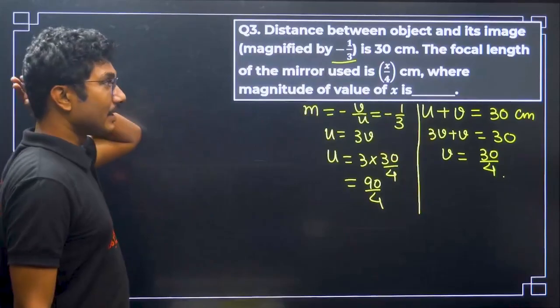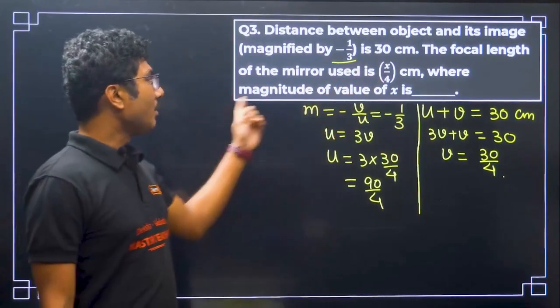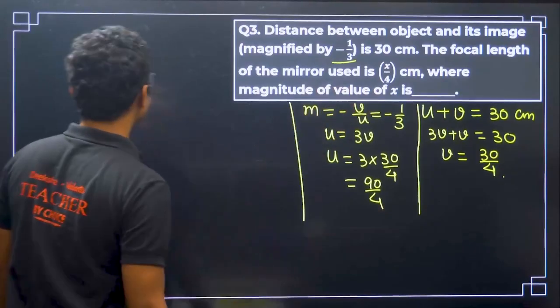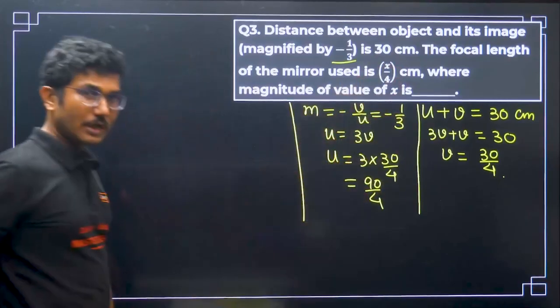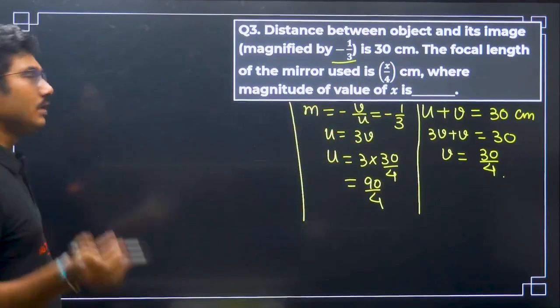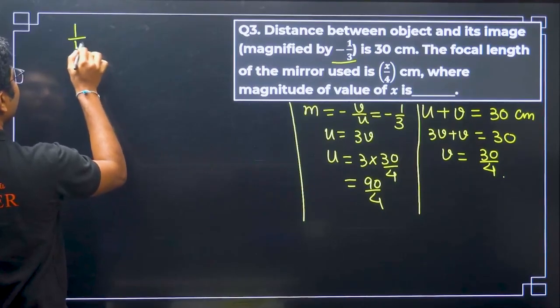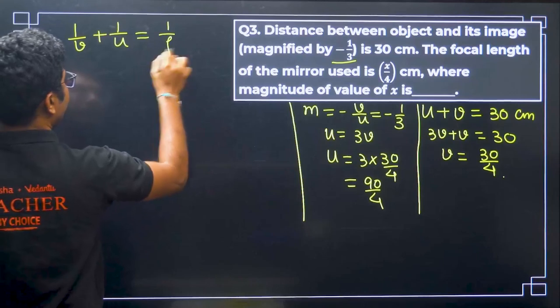Now it is said that the focal length of the mirror used is x by 4 centimeter, where we have to find the magnitude of x. Remember that x is given like x by 4, so there will be a factor of 4 that you have to ignore. Let's see, what is the equation? 1 by v plus 1 by u equals 1 by f.